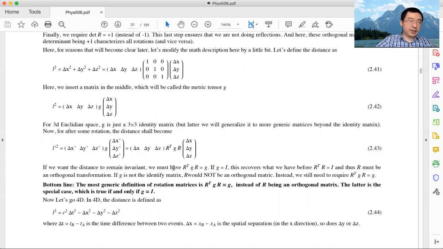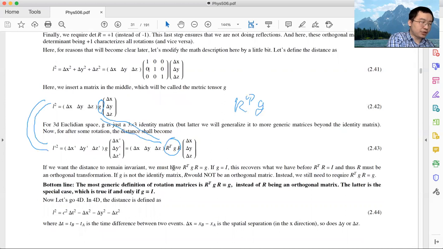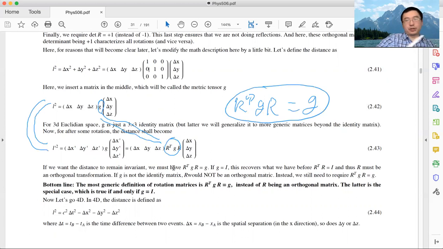Now again, because I want the distance to remain the same under spatial rotation, this matrix G and this R transpose G R need to equal each other. In order to make sure my rotation does not change my distance, I need to make sure R transpose times G times R equals my metric tensor.